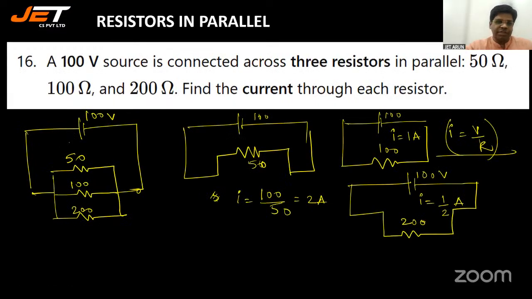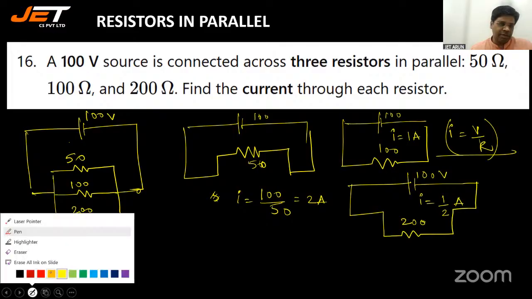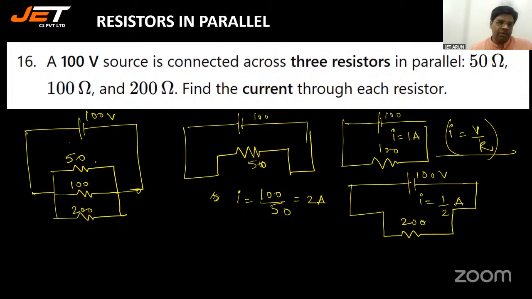Look at this. I've got three resistors in parallel. Now, current through 50 will be independent of 100 and 200 because they are in parallel. So for the current through 50, I temporarily ignore the other two. 100 is the potential difference across this resistor. I is equal to V by R, from Ohm's law, V is equal to IR.